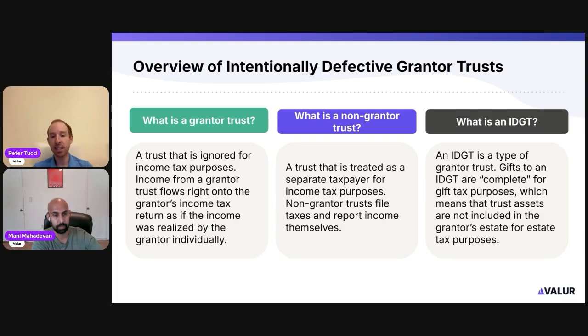The defect is referring to this inconsistency between the rules for income tax purposes and the rules for gift and estate tax purposes. They never quite line up. And so this is a way of getting the best of the income tax world while also getting the benefits of what's called a completed gift trust for gift and estate tax purposes.